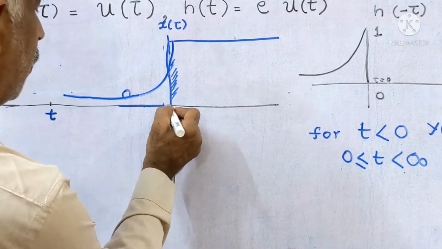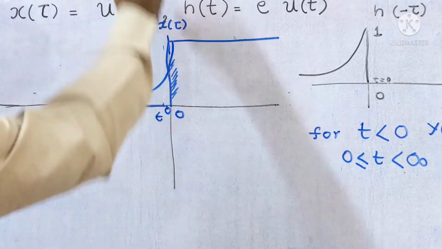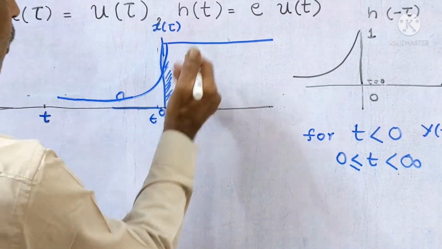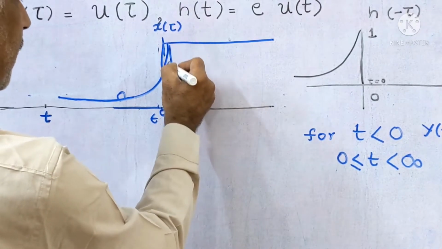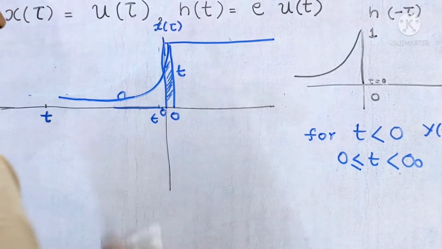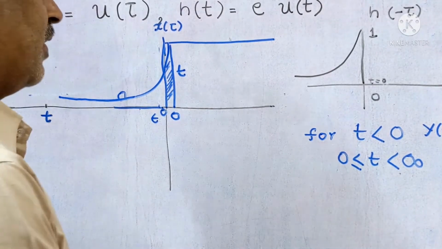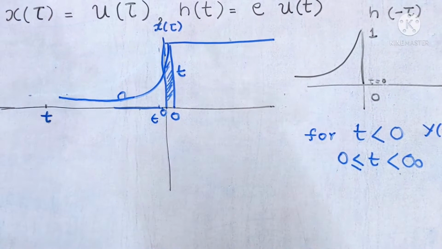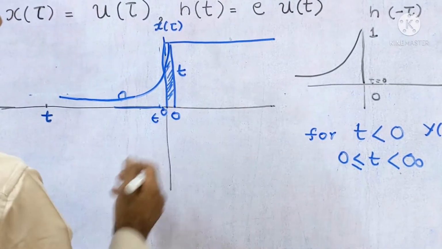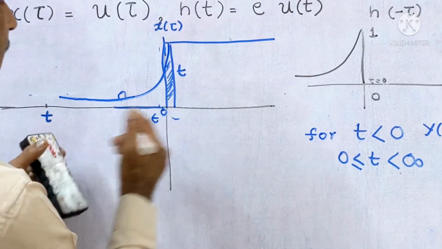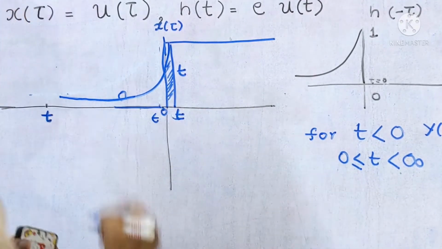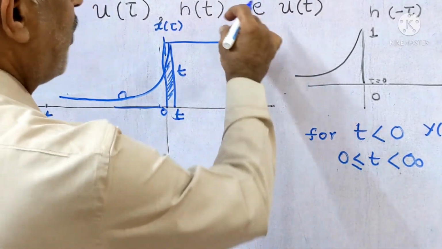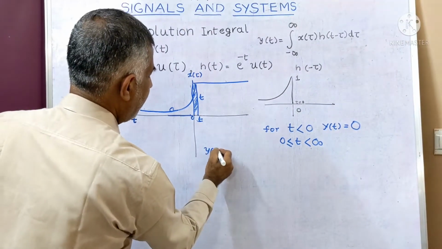One edge is 0, that is the origin. At the origin, one vertical line is there, that is one boundary. Another boundary is the leading edge t. That is why, while writing the convolution integral, the limits of integration are taken as 0 and t. So this is 0 and this is t, the limits of integration. Therefore, y of t.